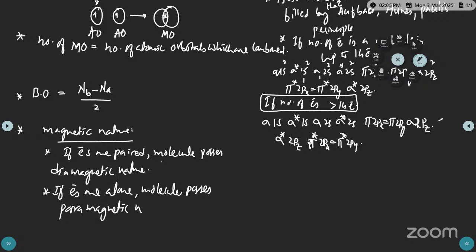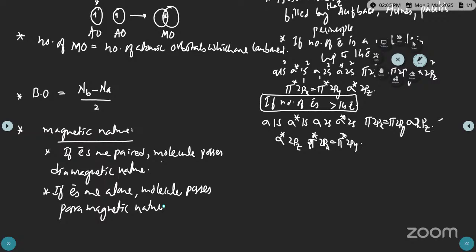So this is about the magnetic nature of the molecule, which can be explained by MOT. If the molecule has paired electrons, it possesses diamagnetic nature. If the molecule has unpaired electrons, it possesses paramagnetic nature, meaning the molecule is attracted by the magnet. So these are the various points covered in molecular orbital theory.